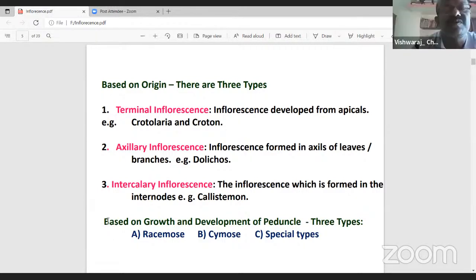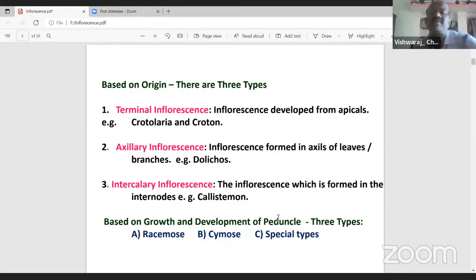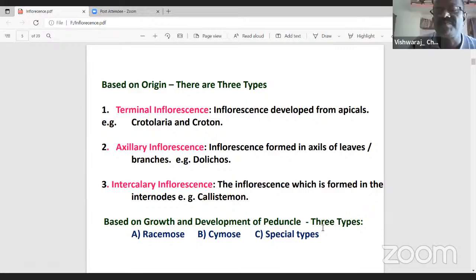The second type of classification is based on growth and development of the peduncle. There are also three types based on growth and development of peduncles: racemose, cymose, and special types. In the first slide we have seen racemose and cymose. Racemose has indefinite or indeterminate flowers.